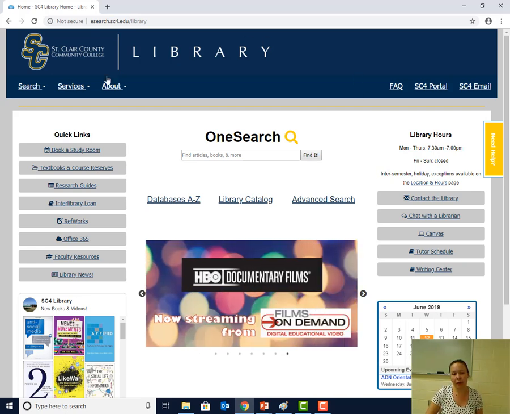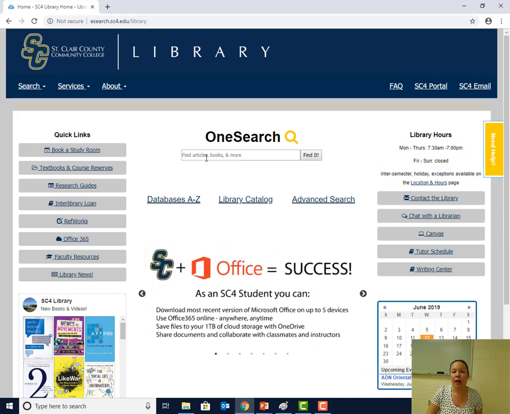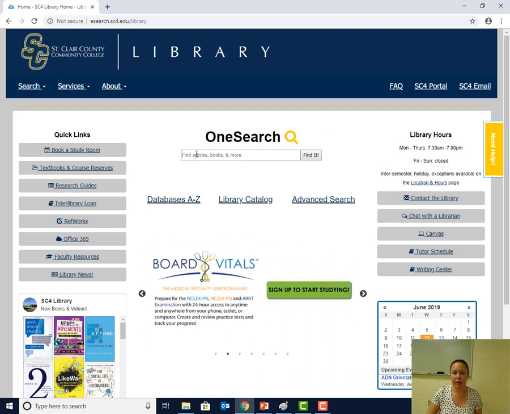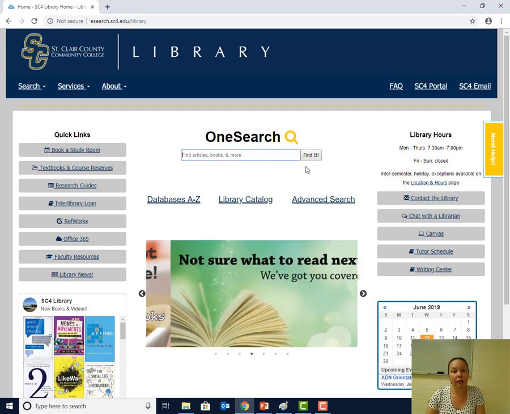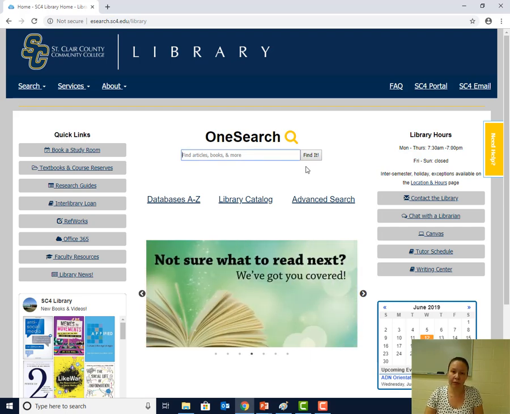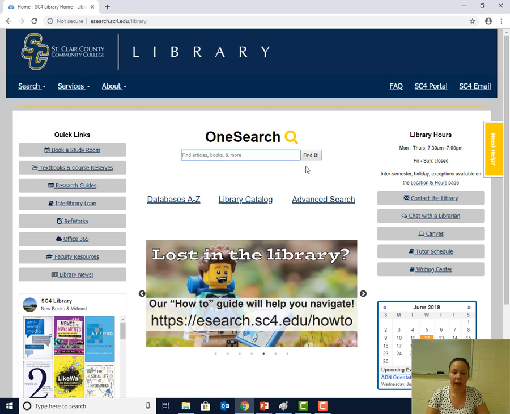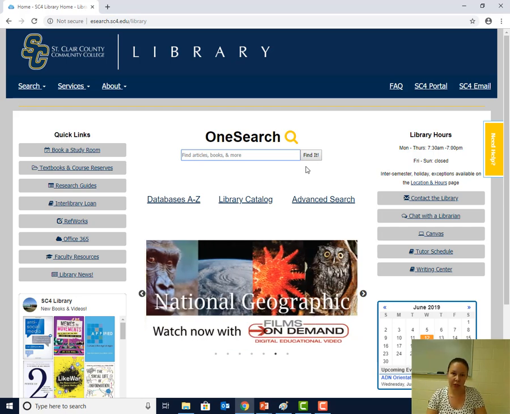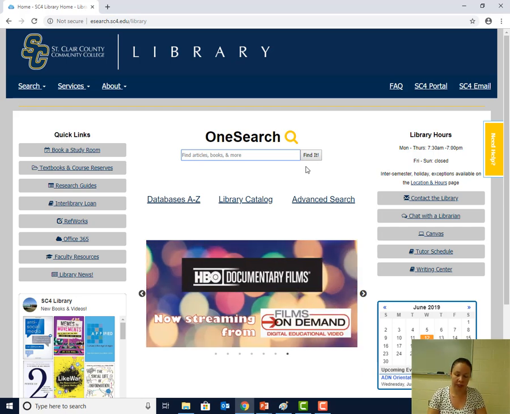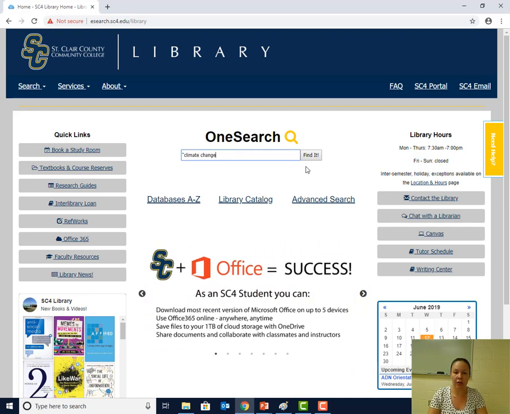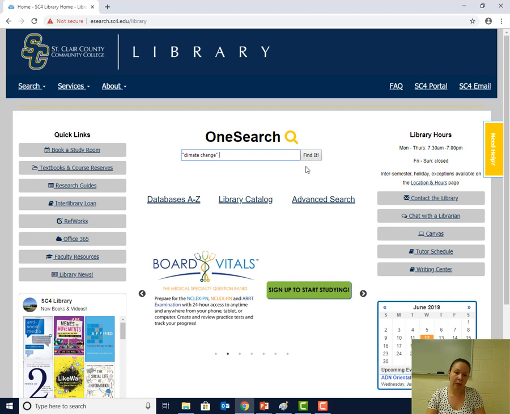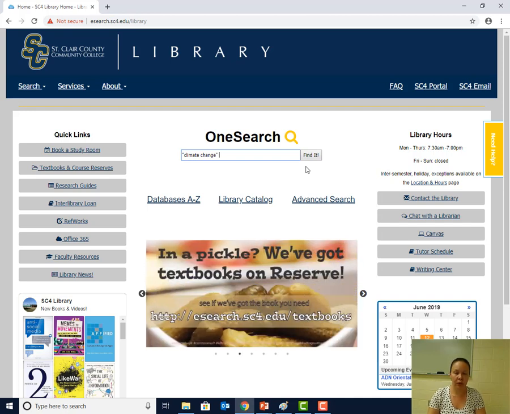And so anytime you're searching for information, you can use this search tool here and look up information about your topic. So for example, if I was looking up climate change and threats to biodiversity, I would write climate change, and it's in quotations because it's more than one word.